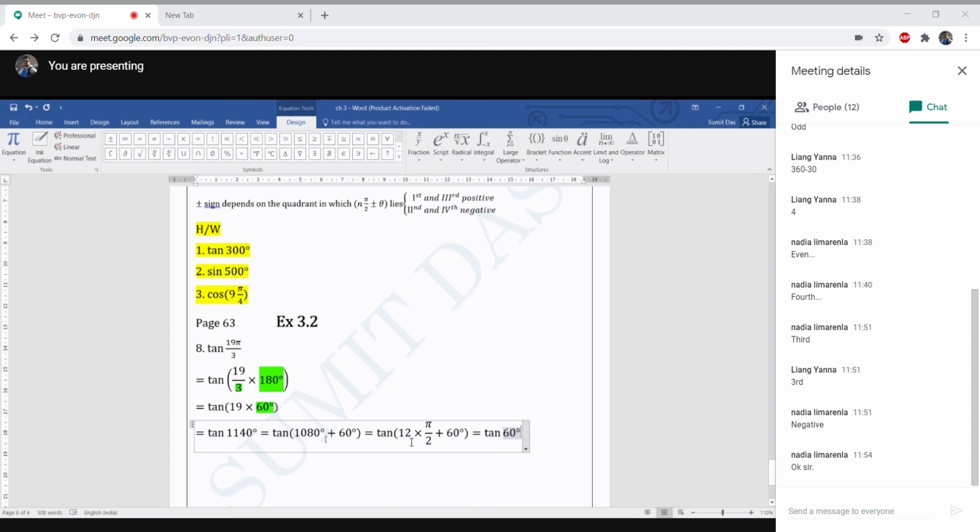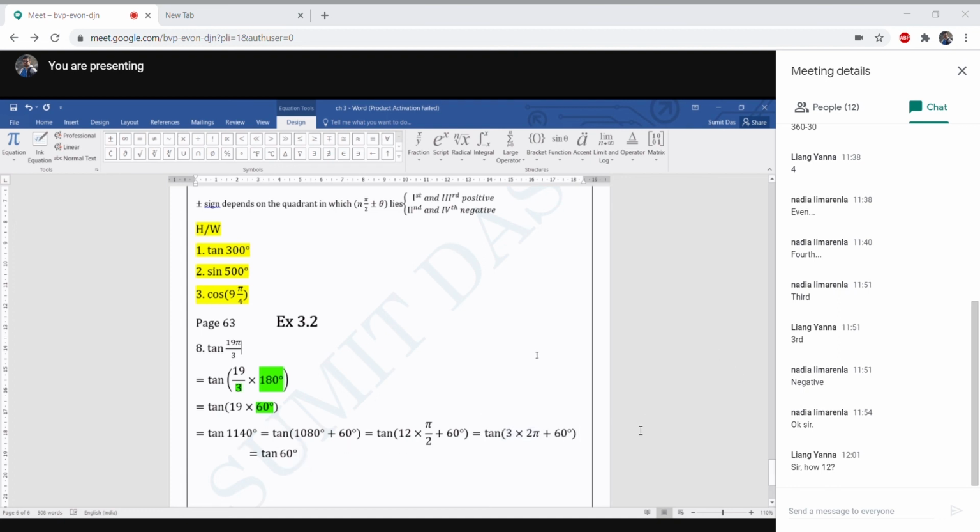But can anyone tell me in which quadrant this 1140 degree is lying? 1140 degree we can write as 12 into pi by 2, right? This full thing can be written as 3 into 2 pi.